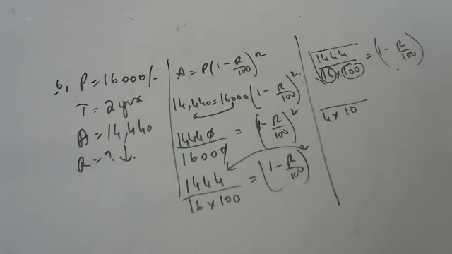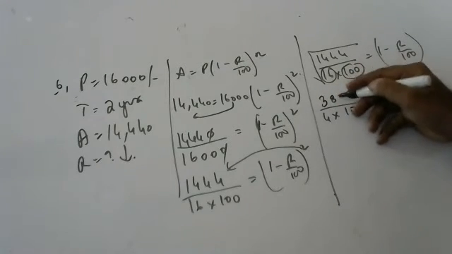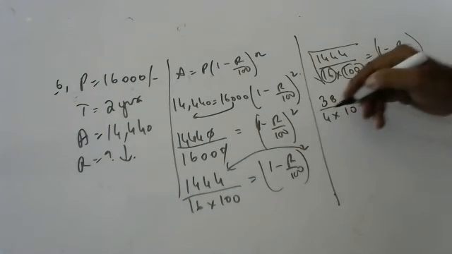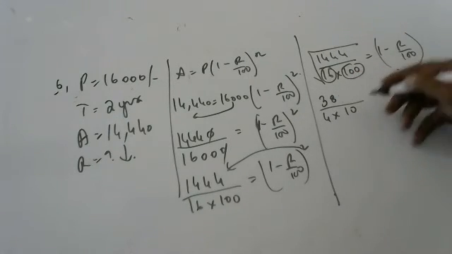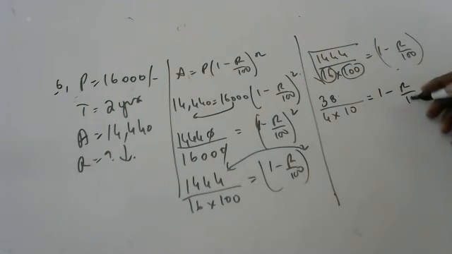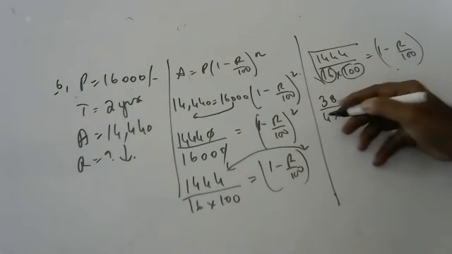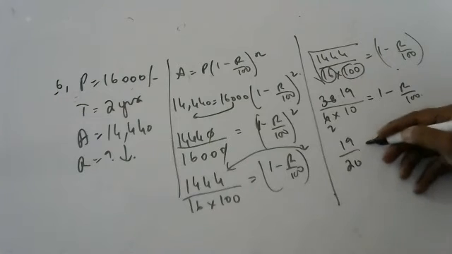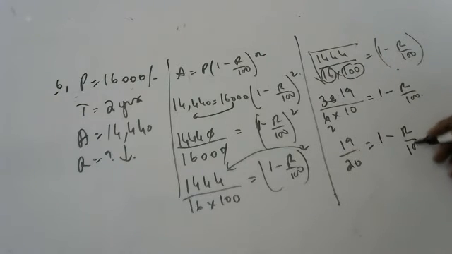The square root of 1,444 is 38. So 38 by 40, which is 19 by 20, is equal to 1 minus R by 100.